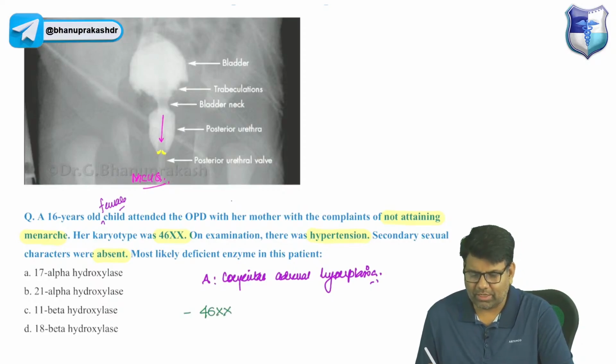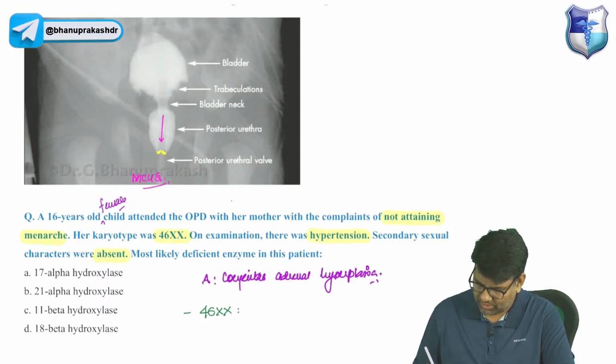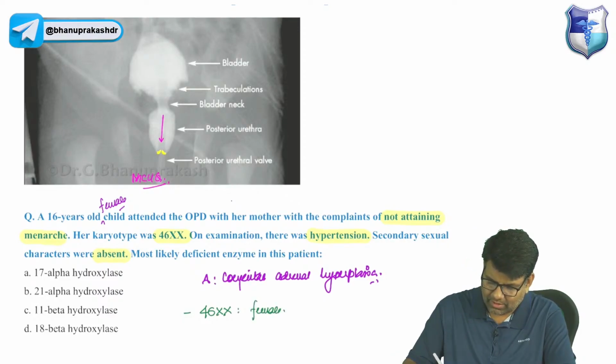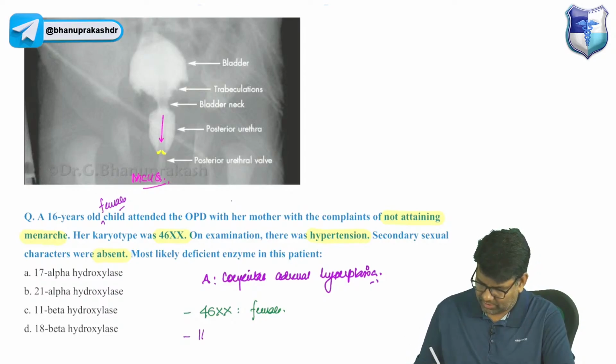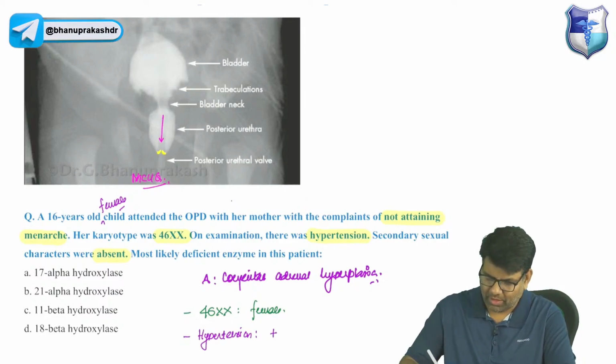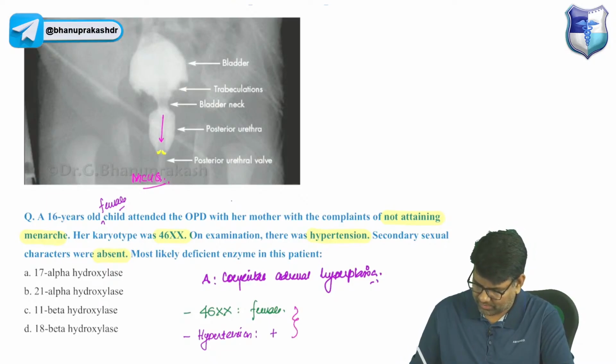This is 46XX, so this is a female. Right? Then second is, see whether there is hypertension or not. If there is hypertension, then straightforward you have to mark your answer as 17 alpha hydroxylase.